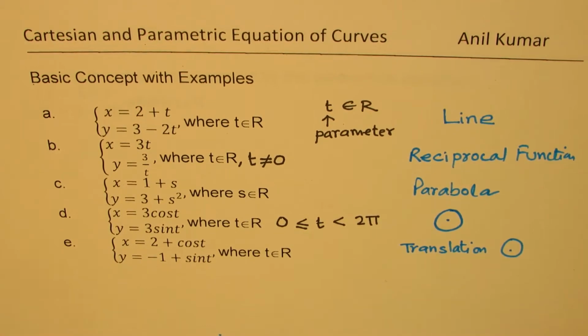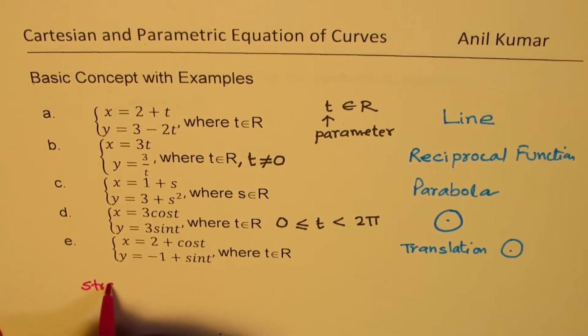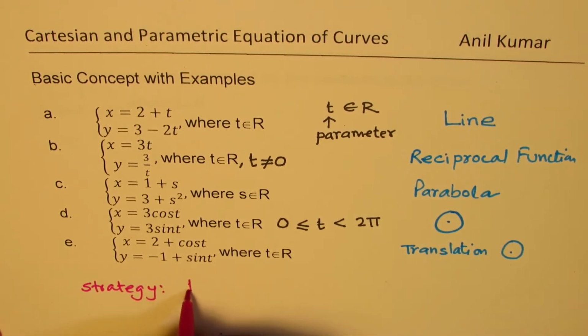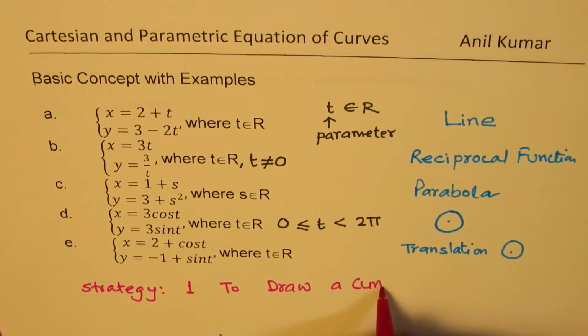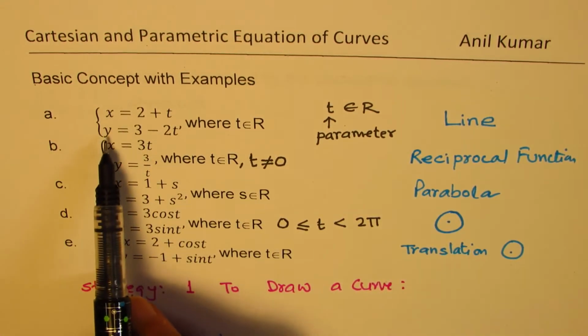Strategies to sketch are kind of like this. Strategy 1, to draw a curve: you could find Cartesian points, right?